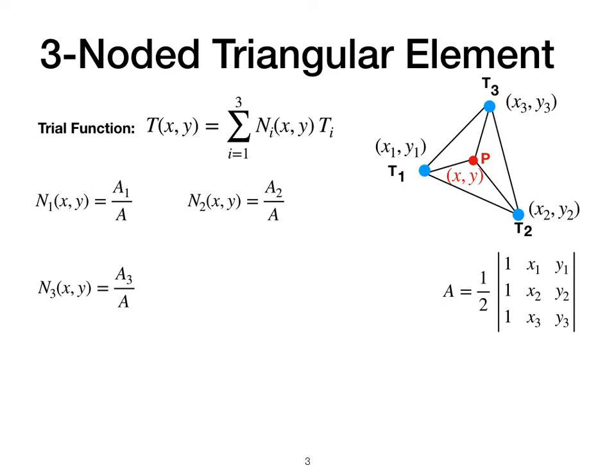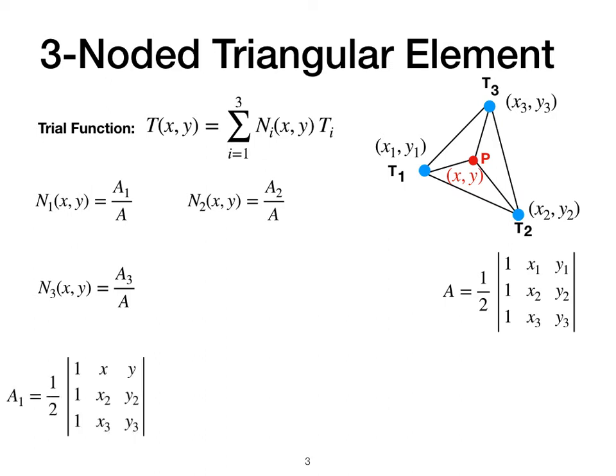Here A is the area of the triangle, which can also be given in terms of the coordinates of the vertices, that is half of the determinant of a matrix having 1 x1 y1, 1 x2 y2, 1 x3 y3 as members.